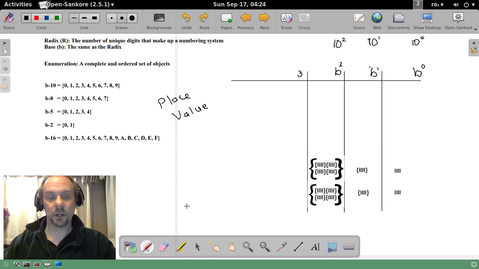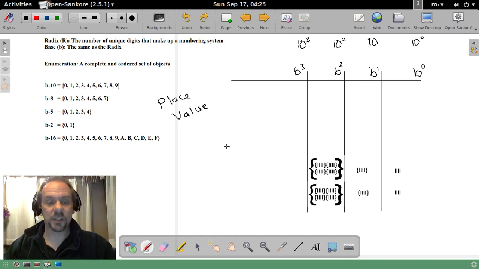And then, because we're working with sets of sets of sets, we're up to 3. So our base raised to the power of 3 is our place value, or 10 to the third, which is the thousands column. Okay.